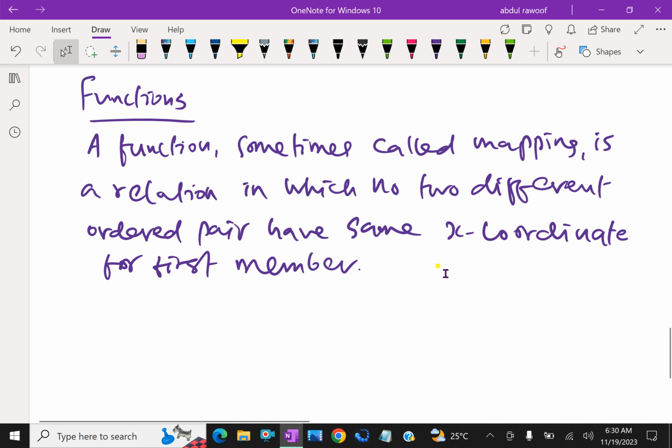That means there are no two or more y points for the same x coordinate.